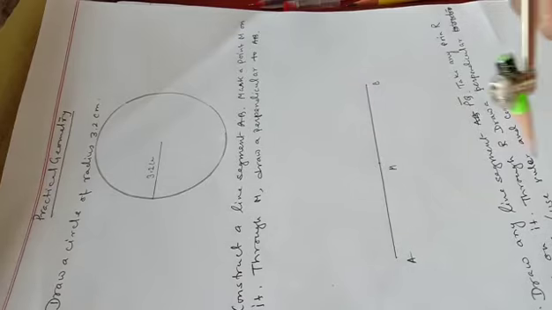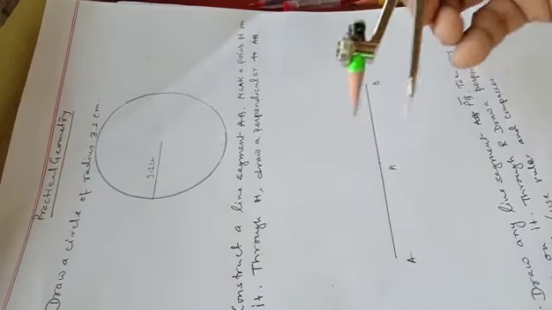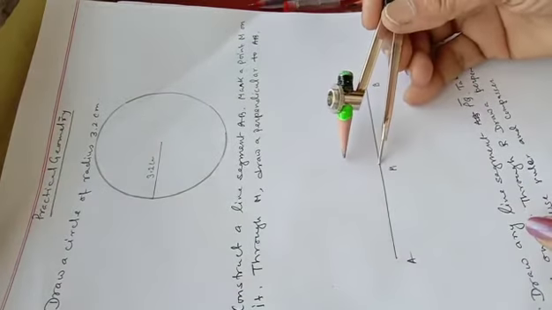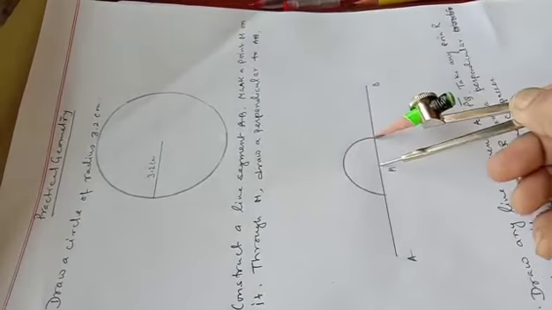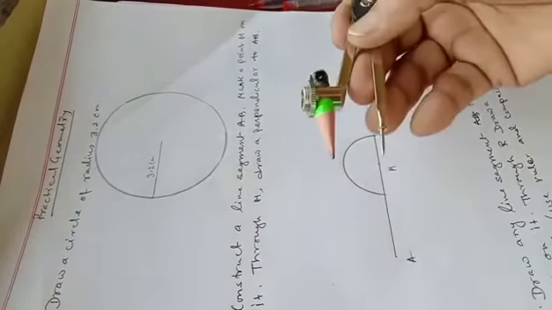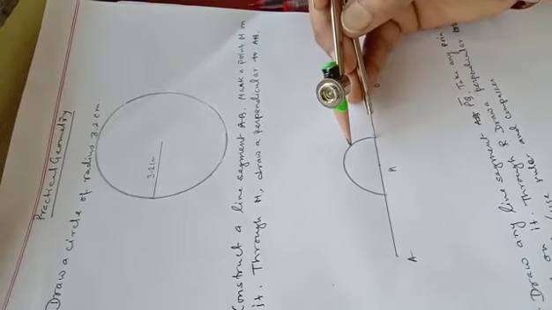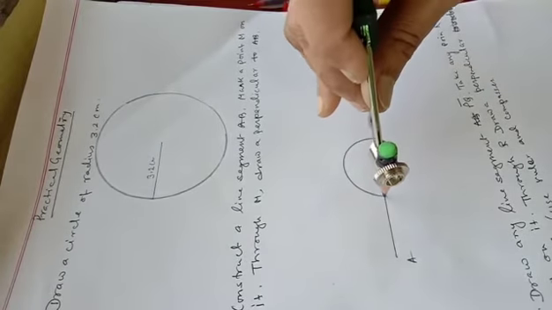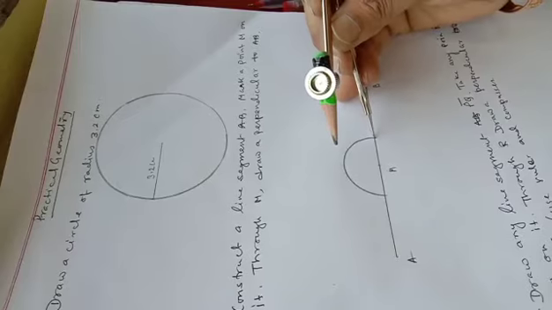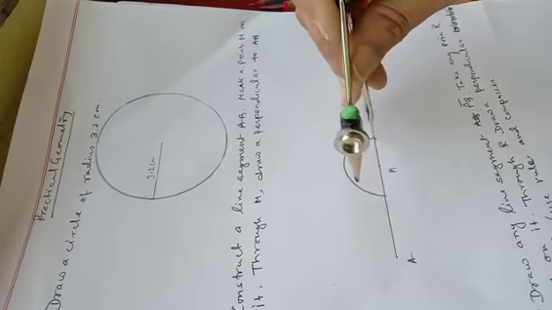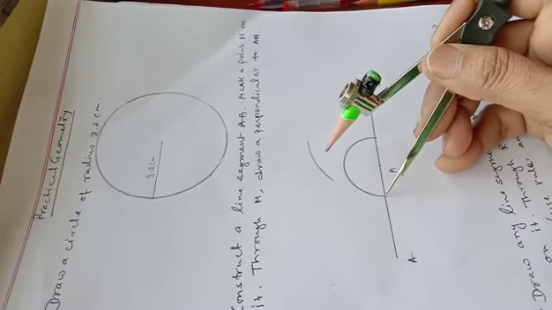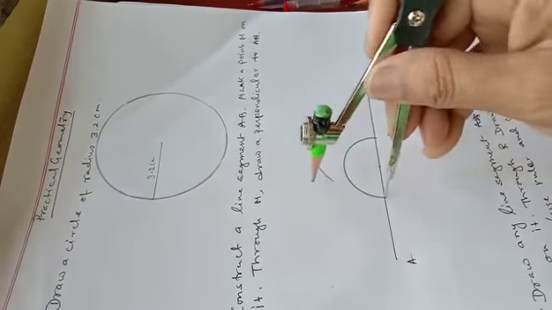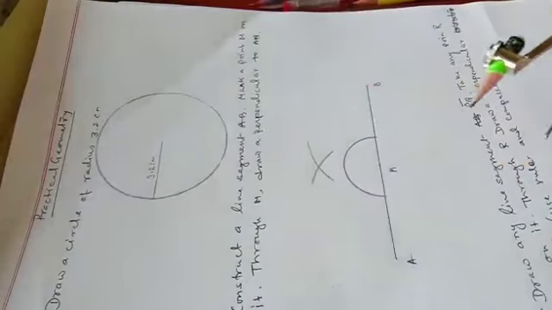So take any arc, any measurement, and draw one arc on this line. Then you will measure this, put your pointer over here and measure up this one and draw one arc over here, and put the pointer again in this place and draw another arc over here.